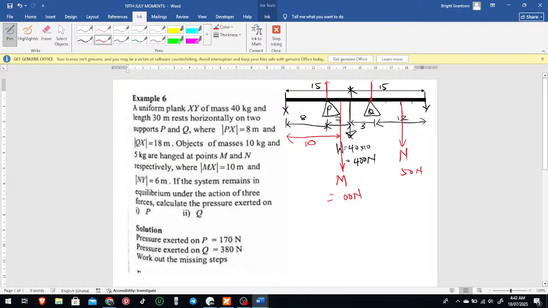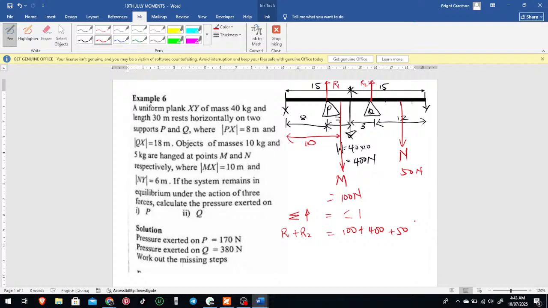So let me see. Reaction 1. Reaction 2. So sum of upward forces equals sum of downward forces. So R1 plus R2 equals 100 newtons plus 400 plus 50. Did you do it this way?